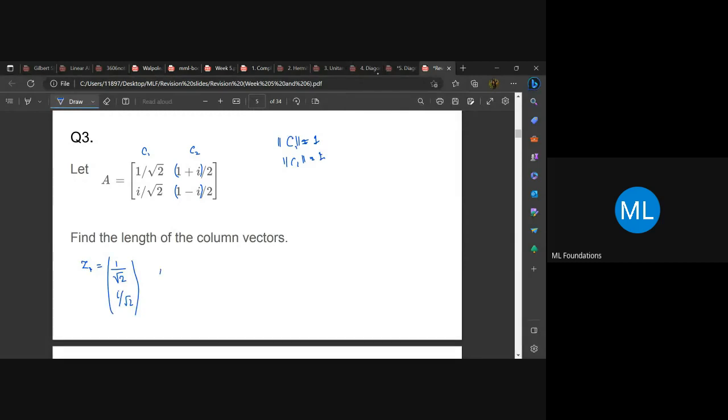So how do you get the norm? It will be z1 bar transpose z1. Basically, it is norm square. If we get some value other than 1, then we have to take the square root for the length.